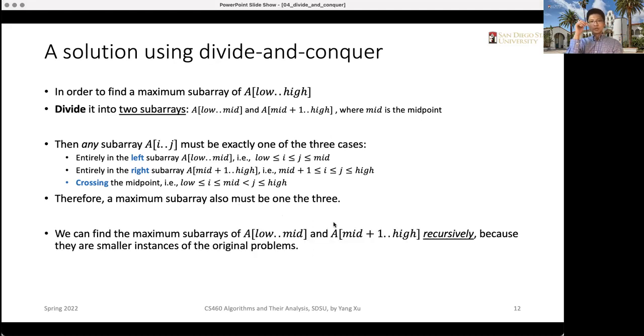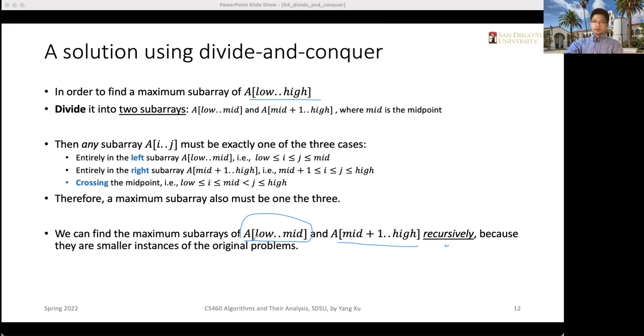Now it's time to think about the recursive solutions. We can find the maximum subarray for the array from low to mid, which is the left half of the original one, and for the right half from mid plus 1 to high, recursively, because they are smaller instances of the original problem.